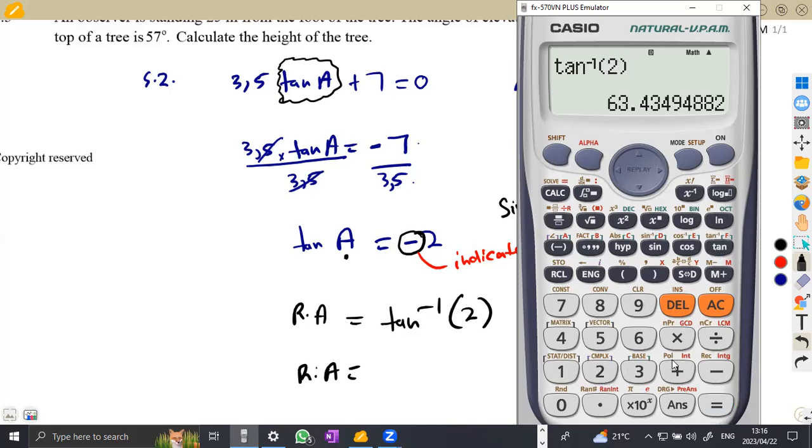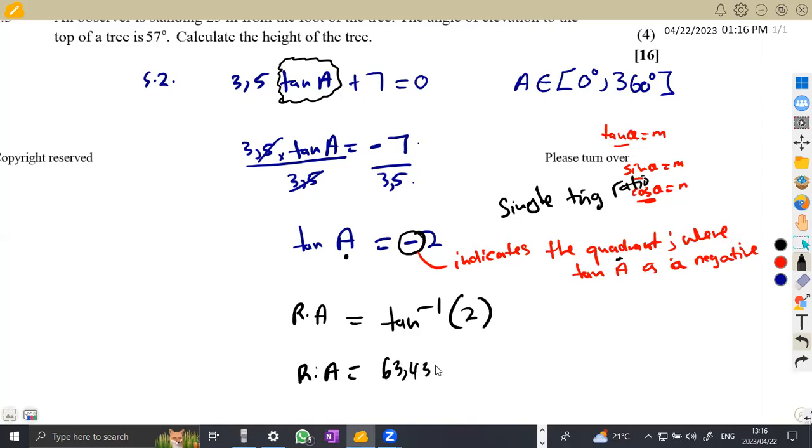All right, so this is going to give us 63,4349, which is going to be 63,435 degrees, like this.